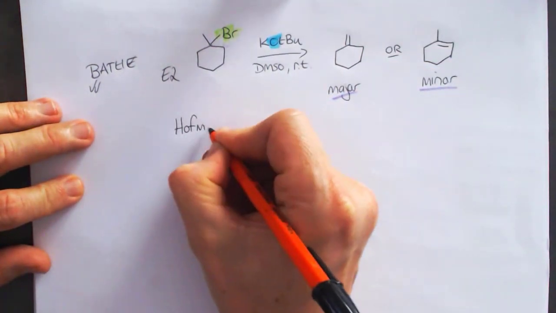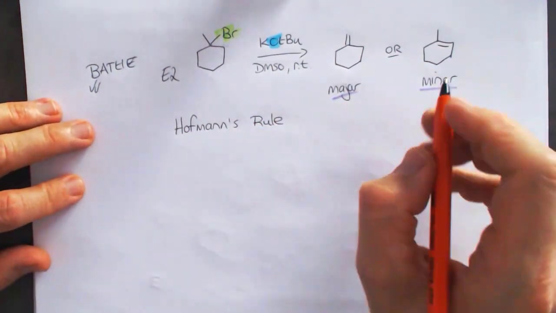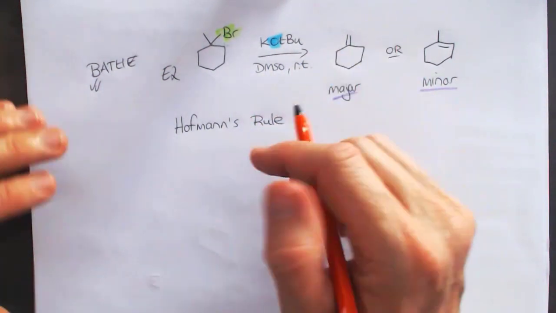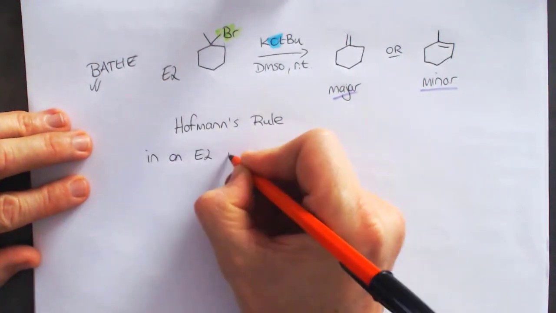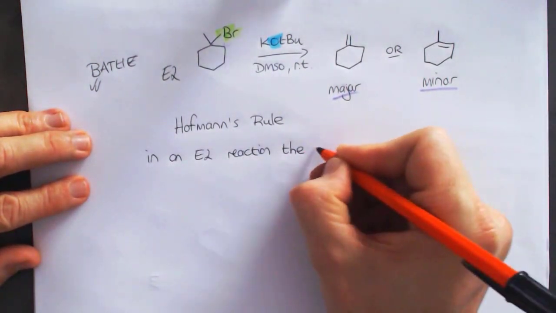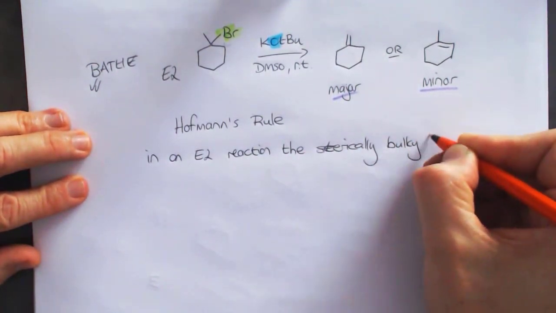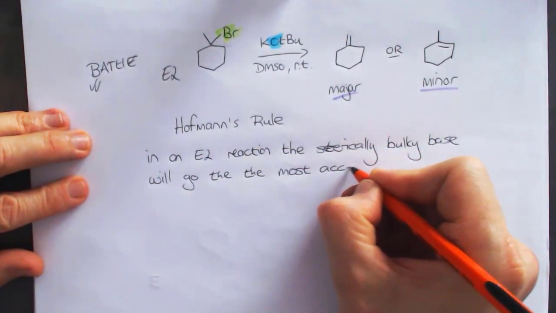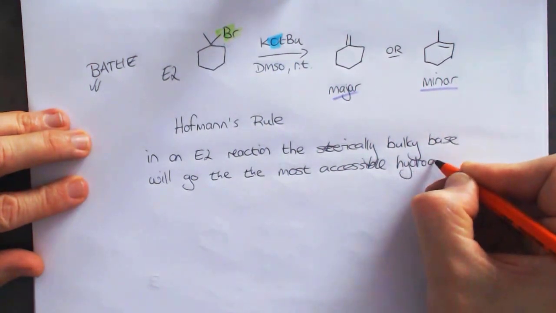This rule is attributed to Hofmann's rule, and essentially it says that when we have an E2 reaction with a sterically bulky base, that base will go to the most sterically accessible hydrogens.